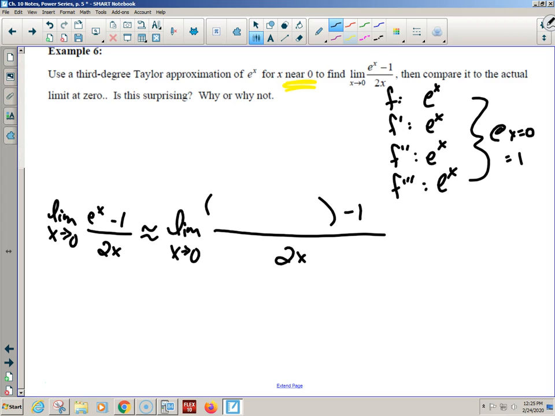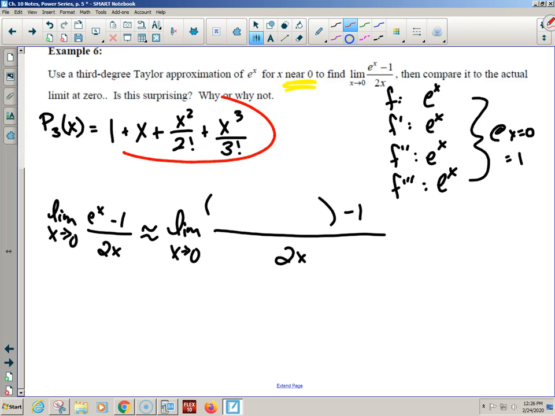So when I plug into my third degree Taylor polynomial for e to the x, isn't it just going to be e to the 0, which is 1, plus e to the 0, which is 1, times x minus 0? And then e to the 0 is 1 times x squared, all over 2 factorial, plus, ooh, I like e. I like him a lot. So I'm going to take this third degree Taylor polynomial for e to the x and plug it in here.